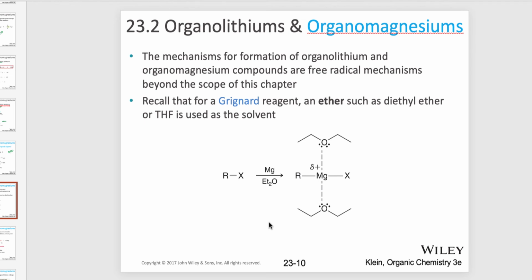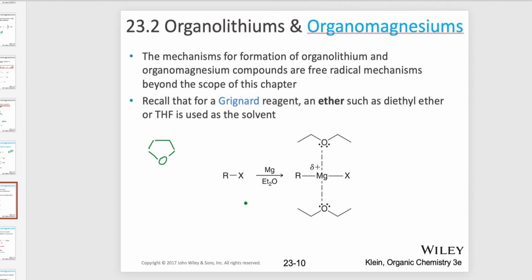We also want to pay attention to the fact that we typically use an ether solvent. Diethyl ether is shown here, or we can utilize THF, tetrahydrofuran. That is a cyclic ether that you should still remember from Orgo 1 and from previous discussions.